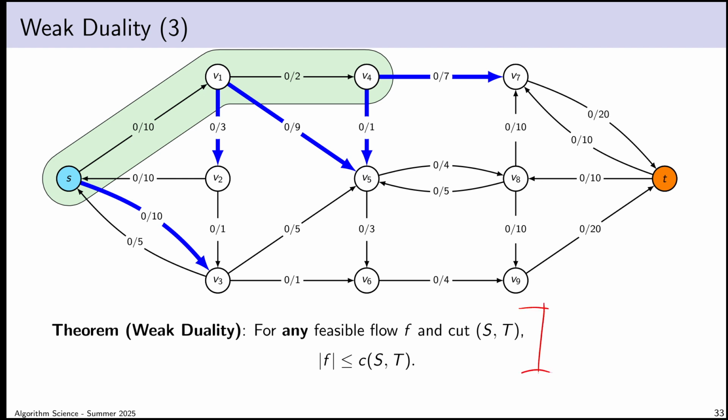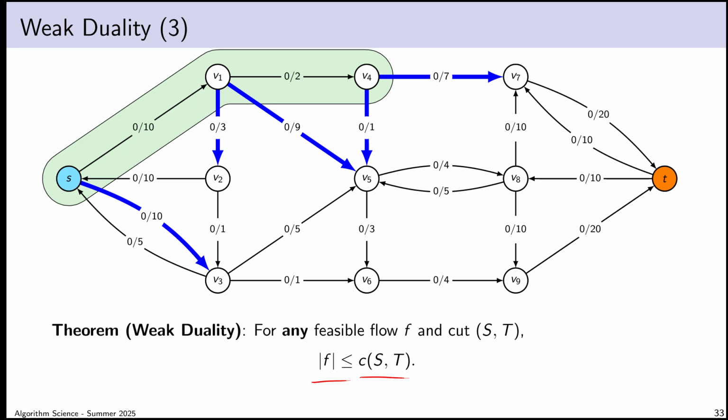The weak duality theorem says that if you have any feasible flow and any ST cut, that is to say, the flow meets all the constraints and the cut meets all the requirements of the definition, then it will always be the case that the value of the flow is less than or equal to the capacity of the cut. And this is pretty easy to justify.